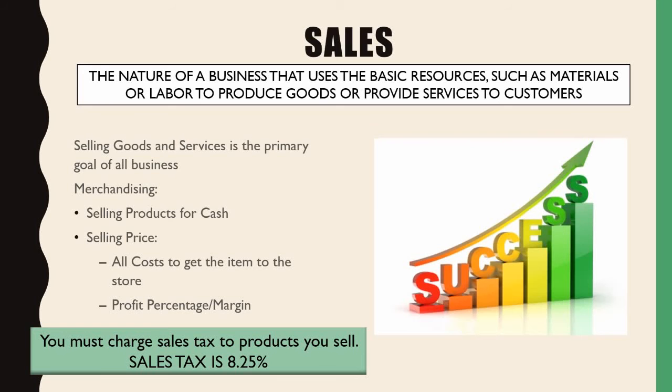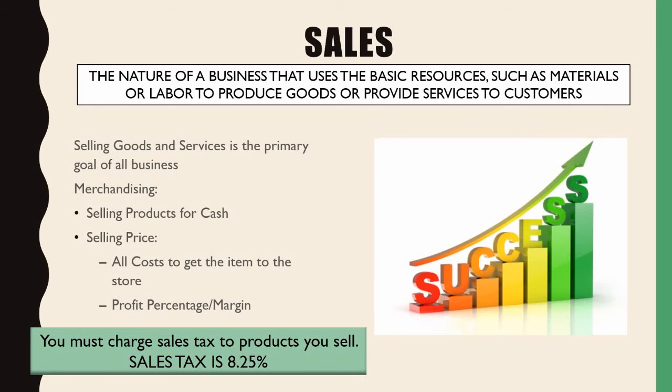Because I think right now, tax is 8.375%, if I'm not mistaken. It has risen, and I think it's going to rise again, but that's okay. Just to keep it simple and easy, for this class we're just going to use 8.25%.